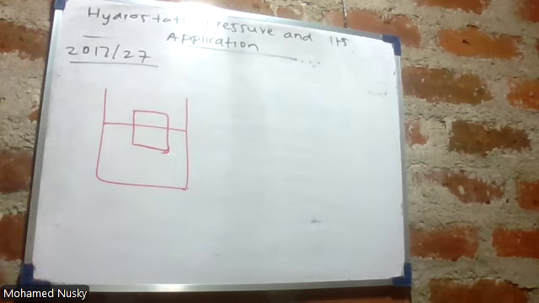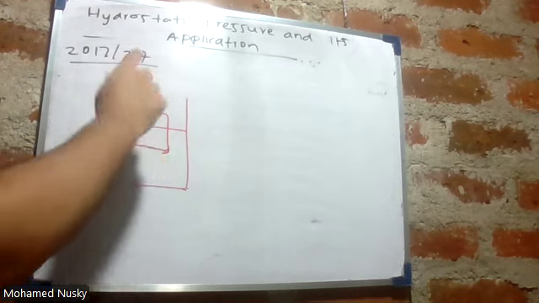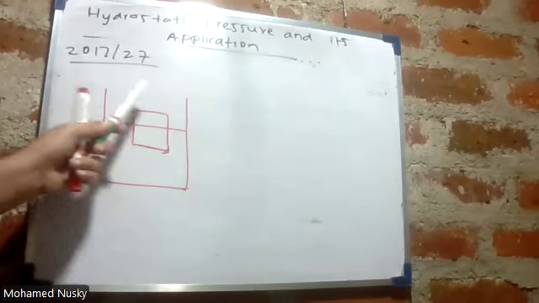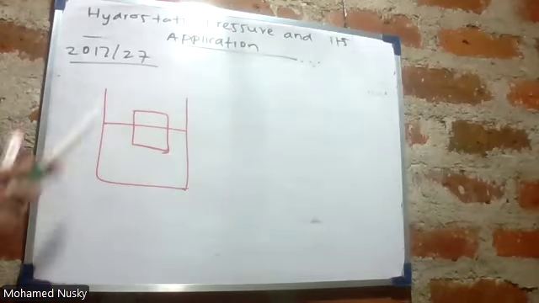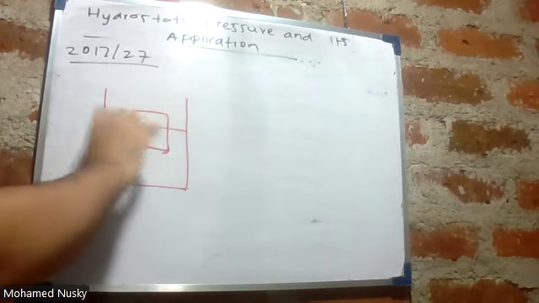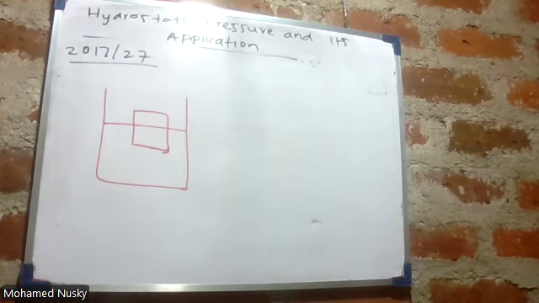Why isn't it going down? Why is it not going up? Let me take this as a cube. Half of the cube is covered by water, and the remaining half is exposed to the air.